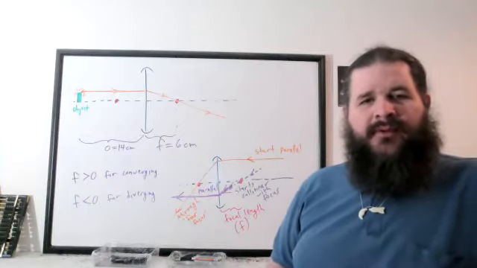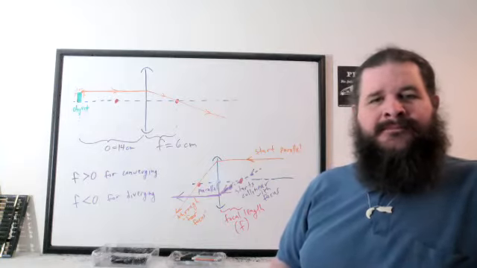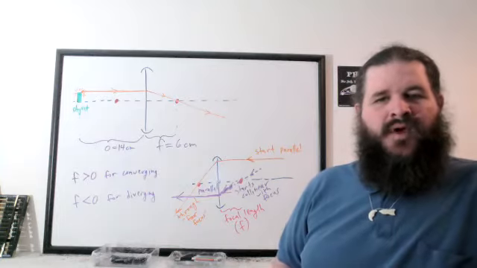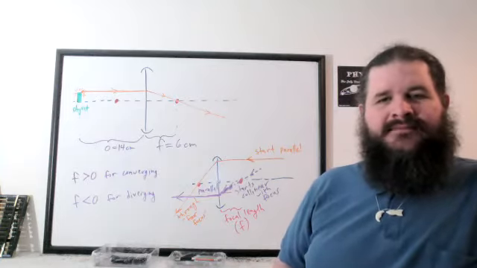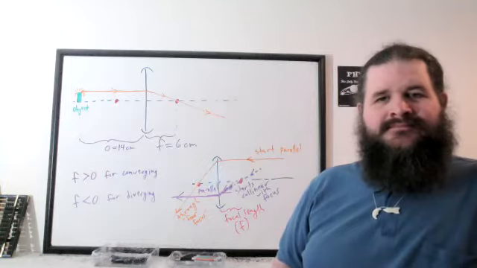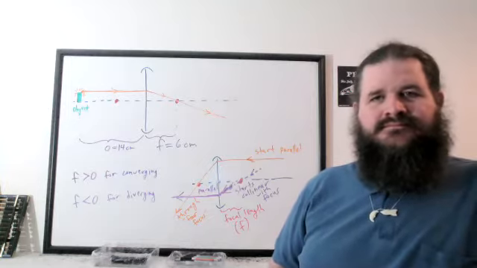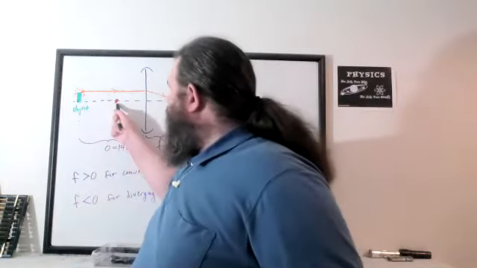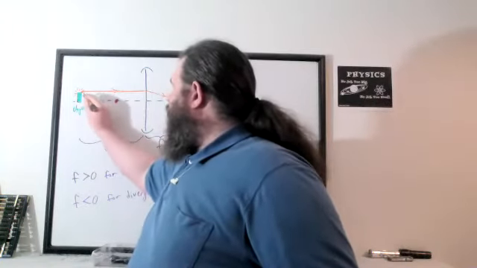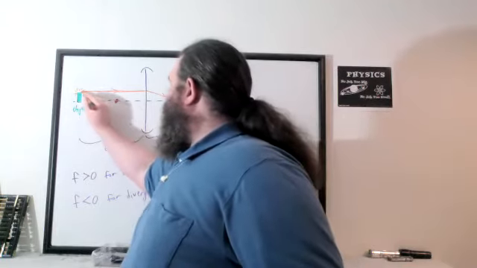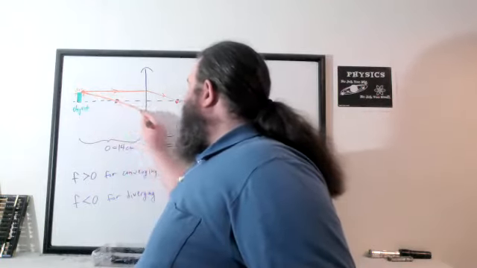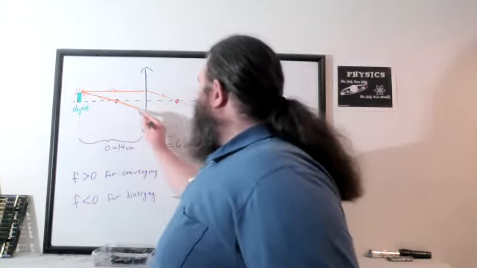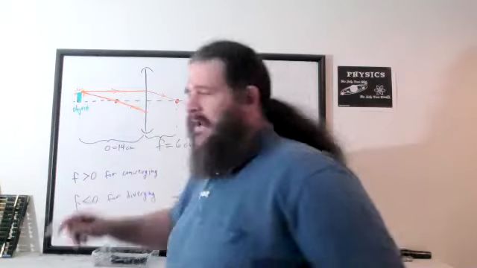What's one of the other principal rays we can draw in? A ray that starts off in what way? Yeah, if we have a ray that starts off collinear with the near focal point, in this case, from the top of the object going straight through that near focal point, that's going to hit the lens at some point.